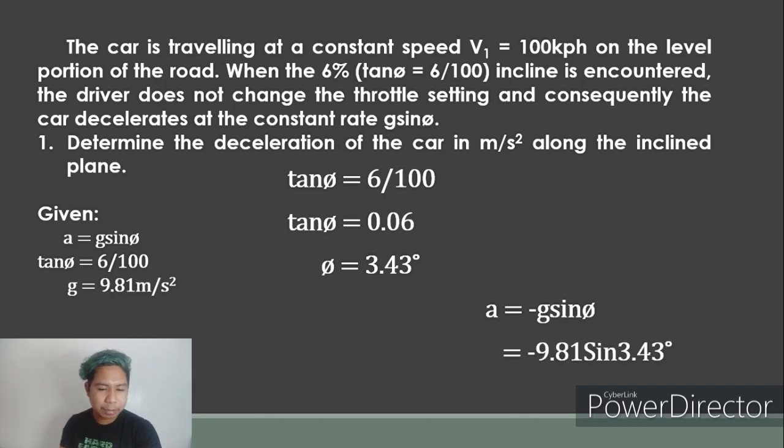So, substituting all the value, negative 9.81 sine 3.43 degrees will result to deceleration ng car is equals to 0.588 meters per square second. So take note of the sign since ang question is decelerate or deceleration. Alright?